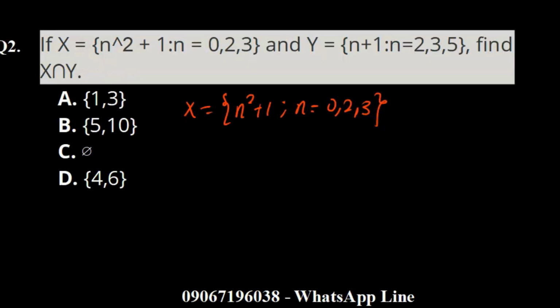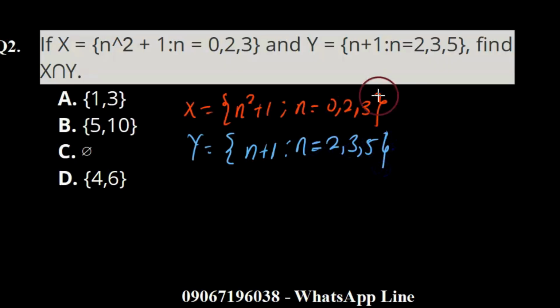And then we have here that Y is a set of elements where n plus 1, when n is equal to 2, 3, and 5, all right?